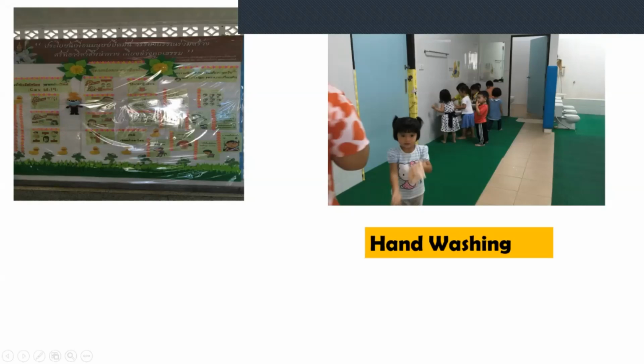Also, the children already practice hand washing before they eat their meal or lunch, and after they finish eating, they come to the restroom and wash their hands, and then use the individual towel to wrap their hands.